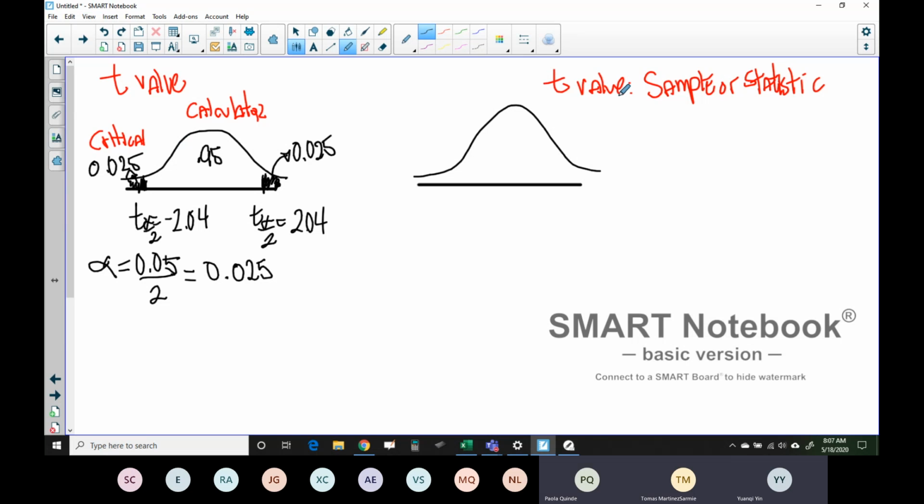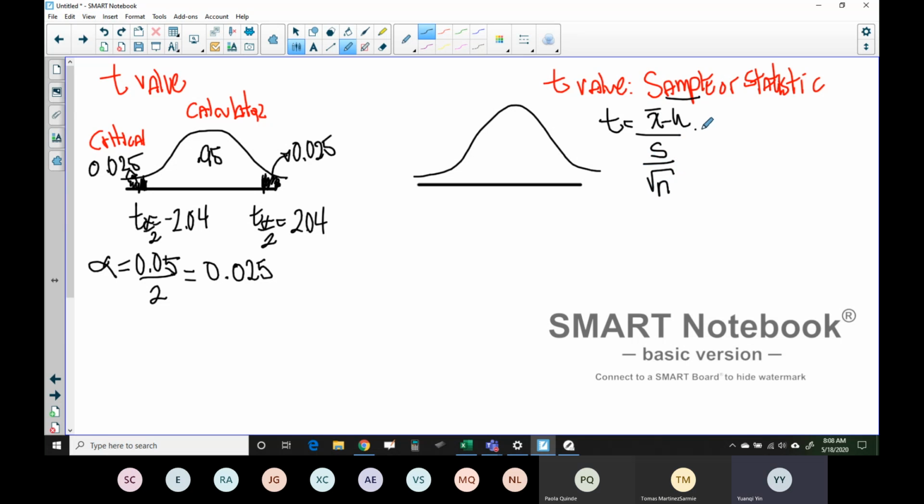Now, this is simple also because we're going to use a formula. The formula is for the T value. The T value formula is X bar minus mu divided by the standard deviation. This is a sample. Remember, everything comes from the sample, divided by the square root of n.